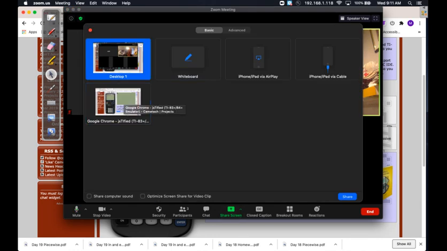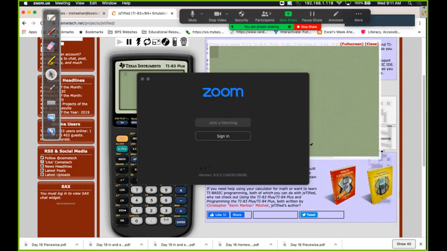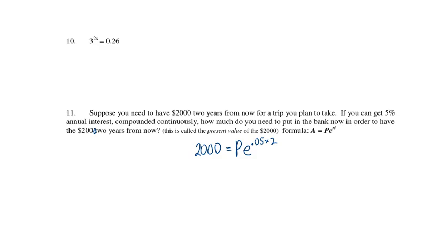All right, so number 10, right? Yeah, there's no E, so we can't rewrite it using ln. We're going to have to take the log of both sides. So I'm just going to say the log of 3 to the 2x equals the log of 0.26.